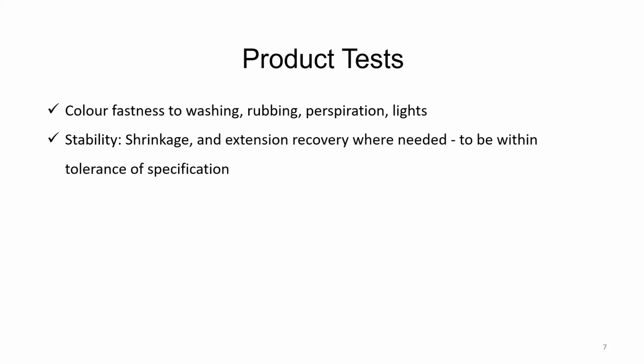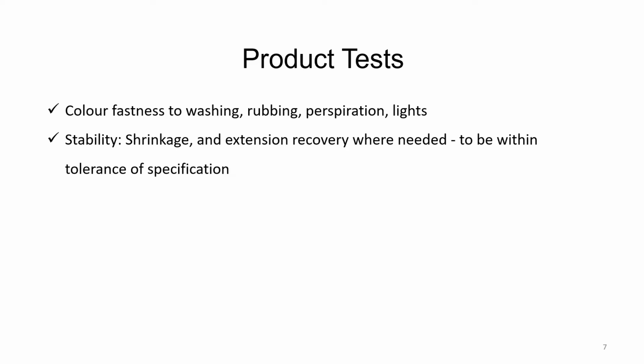These are just some of the examples, not a comprehensive list. So second in line is stability. Stability is about shrinkage, whether there is shrinkage or elongation in the fabric. In case of wovens, plus minus 3% shrinkage or elongation is seen to be tolerable and practical.